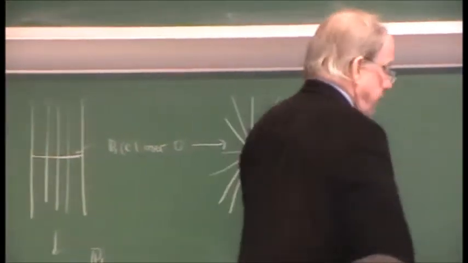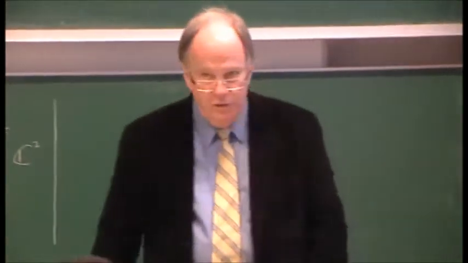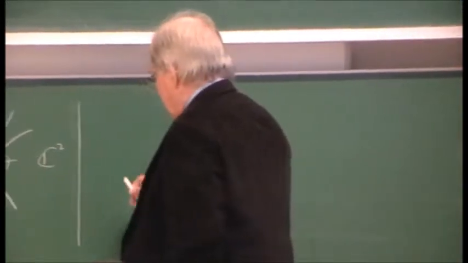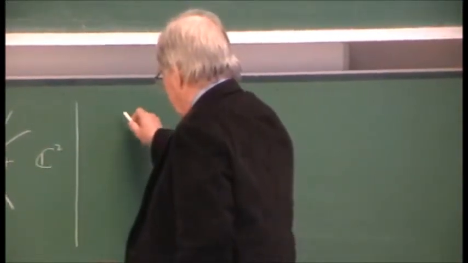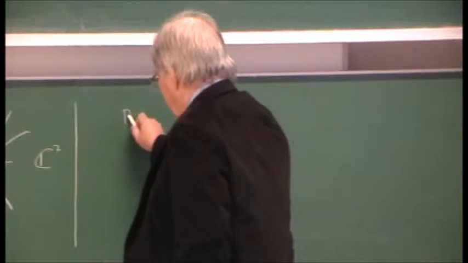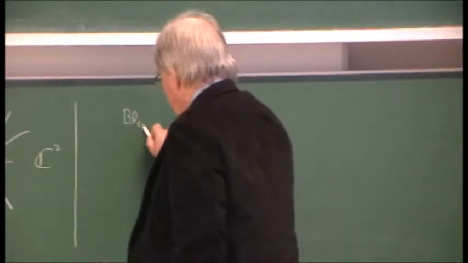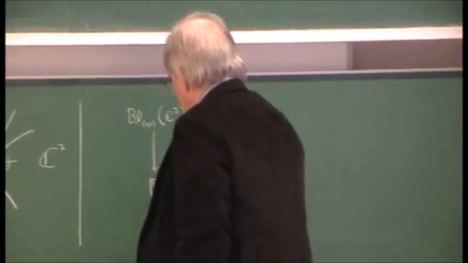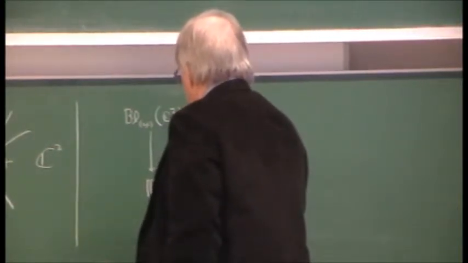Let me tell you what this bundle is. As you see, this bundle is the holomorphic line bundle. So let me just write it again. You blow up the origin in C2, then look at the projections of lines in the holomorphic line bundle.